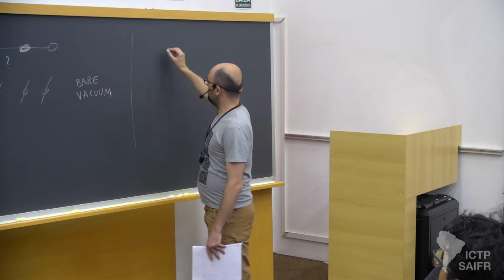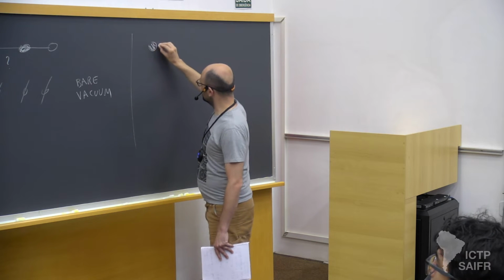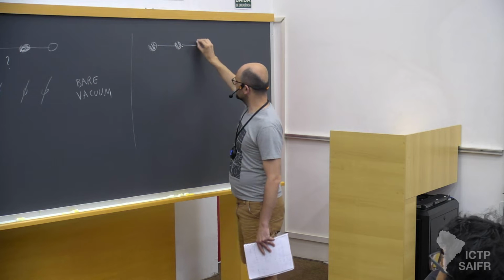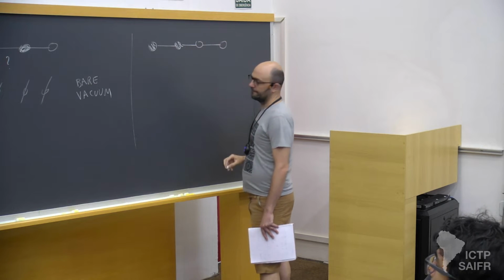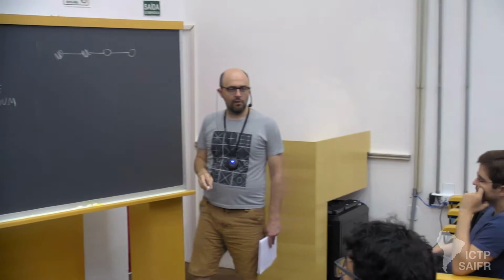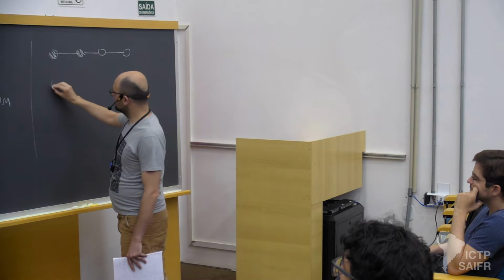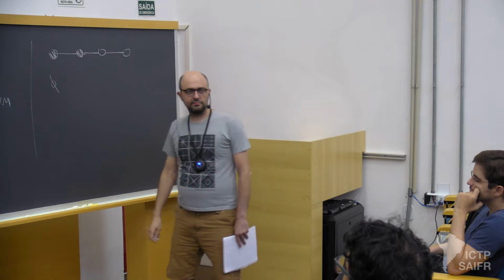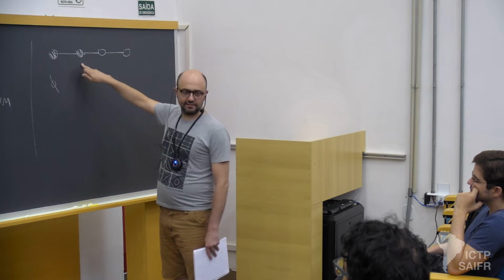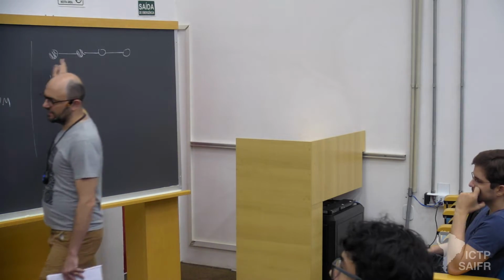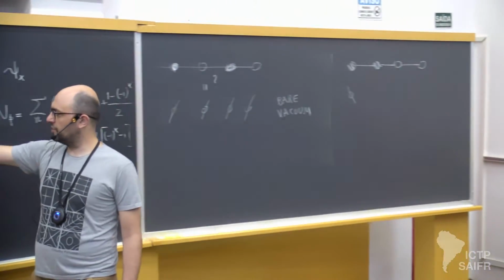Let's do another example, when instead of having this, we have this. Okay? The first site, so vacuum. But now the second site, it's on an even site and it's full. So here there is an electron.